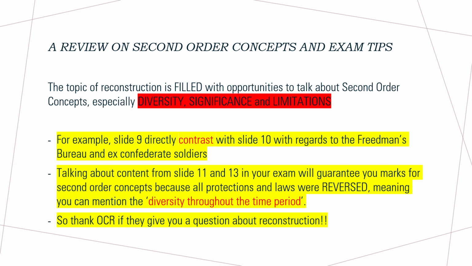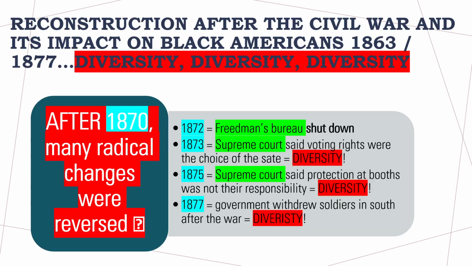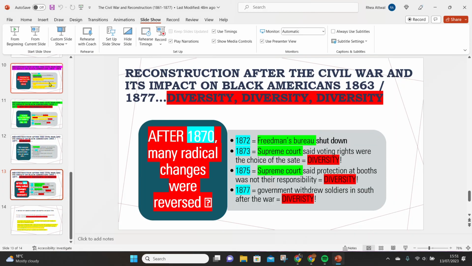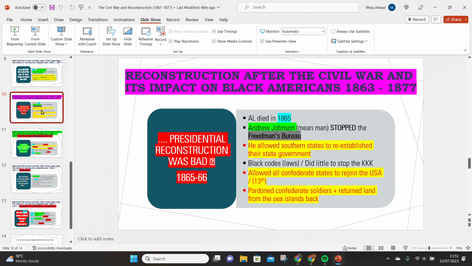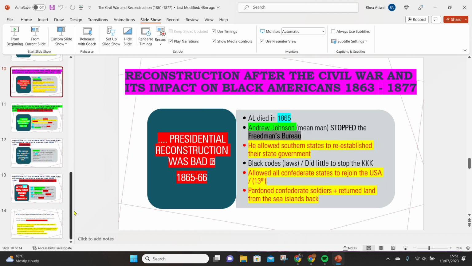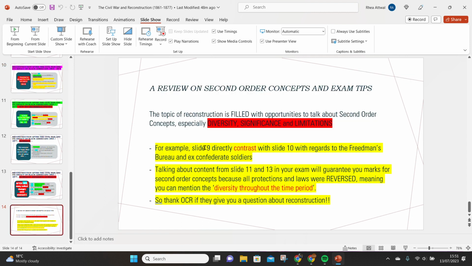For example, slide 9, which is, I believe, if we just go back, slide 9 directly contrasts with slide 10, which is this one, with regard to the Freedmen's Bureau and the ex-Confederate soldiers.